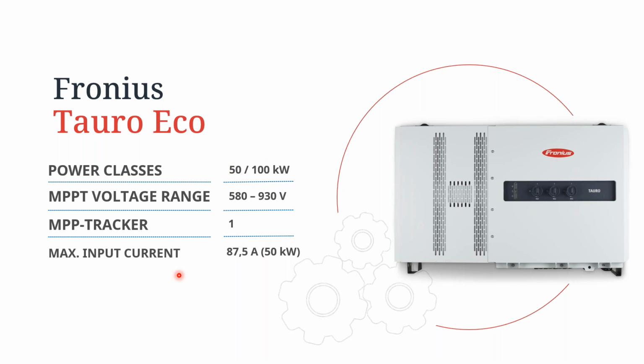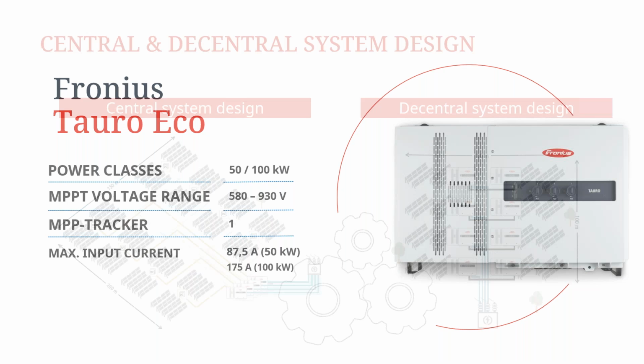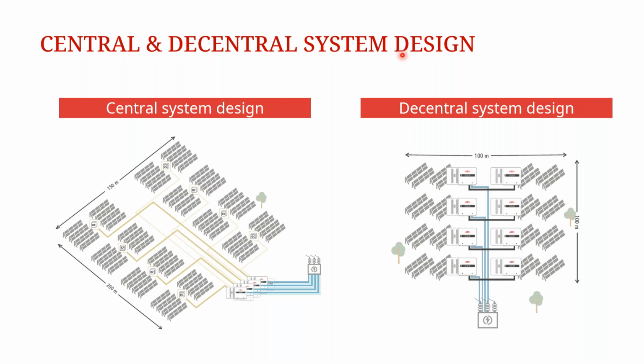The maximum input current for the 50 kilowatt is about 87.5 amps, and for the 100 kilowatt it is about 175 amps.